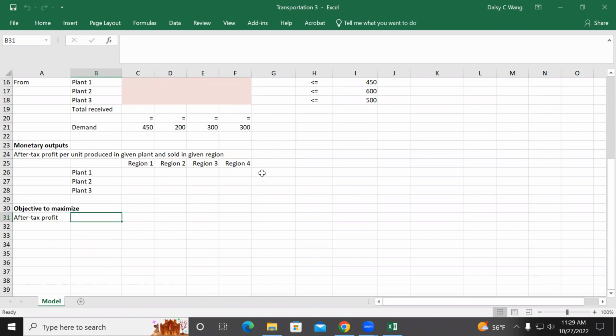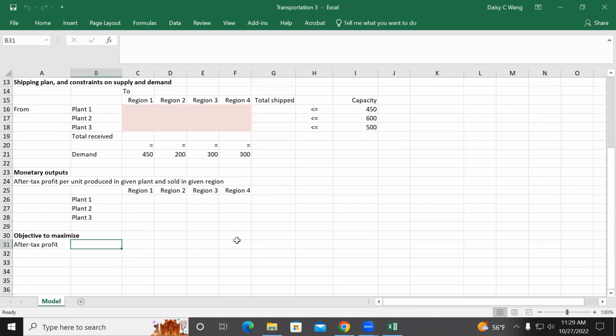Let me see. Where's my cheat sheet? Okay, here. So the after-tax profit will be... let me put this in.